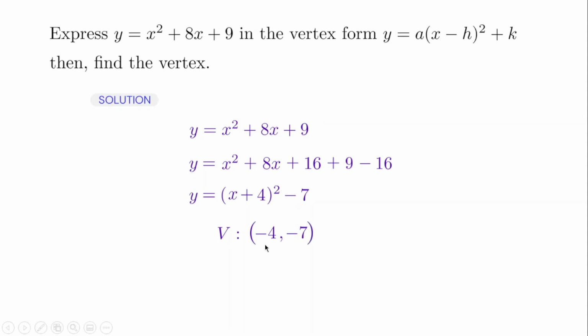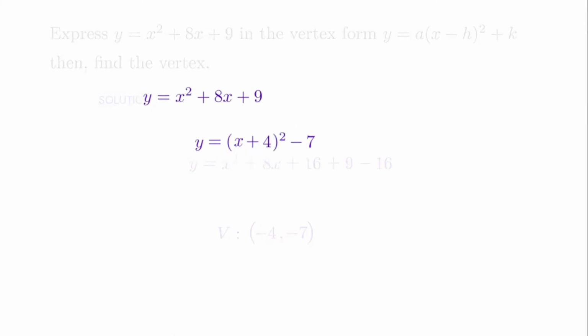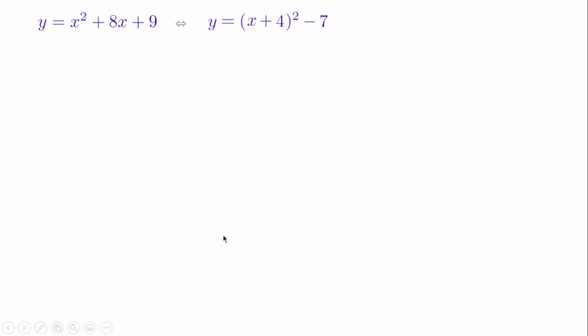So the vertex is negative 4, negative 7. So take note, this quadratic function and this quadratic function, they are one and the same. So they have the same vertex, negative 4, negative 7.